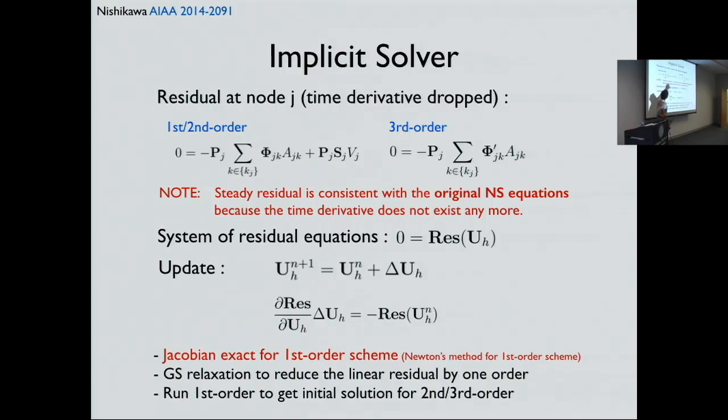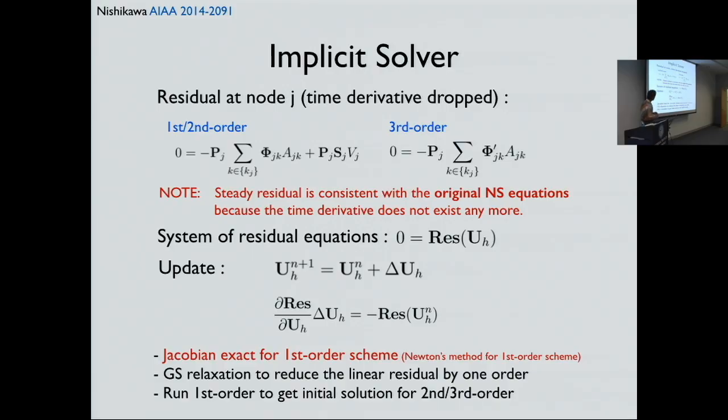These residuals are consistent with the original Navier-Stokes equation, because time derivative is gone. This is a way to discretize the original Navier-Stokes. I start from hyperbolic system, but once discretized, I can come back to the original Navier-Stokes. So the discrete solutions that satisfy these residual equations are a solution to the Navier-Stokes equation.